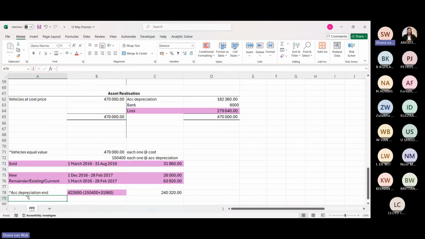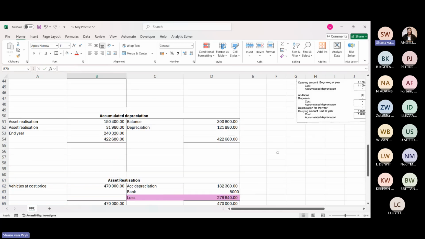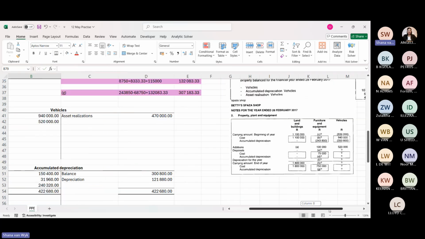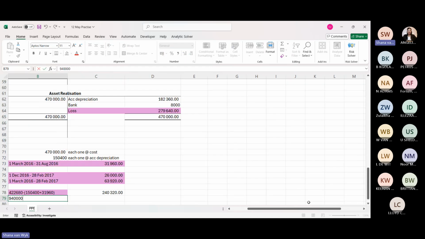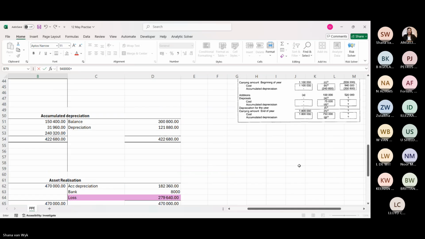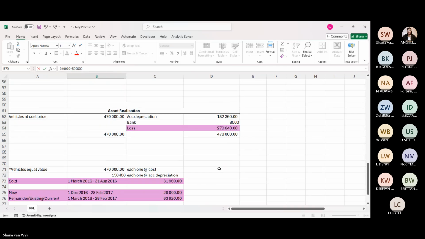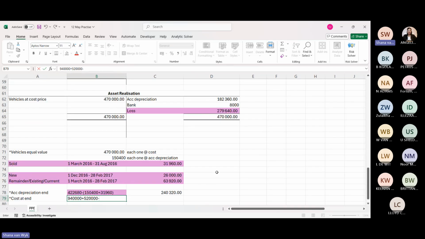And then we have our cost at end, which is going to be 940,123 plus 520,123 minus 470,123, and then we're going to get 990.